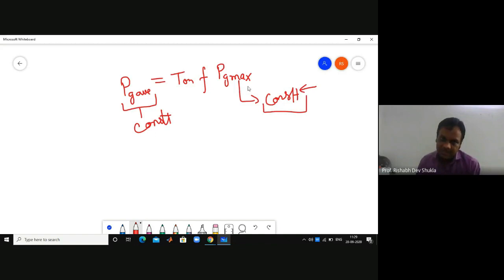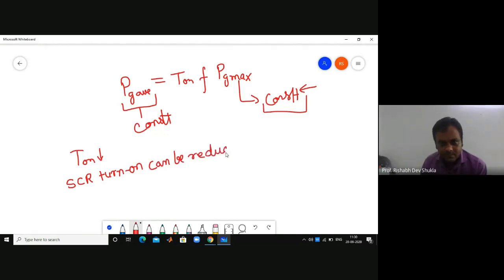Mind it, your PG can never be exceeded. In order to reduce T on, meaning the SCR turn on time, how can it be reduced? If F can be increased. Getting it?